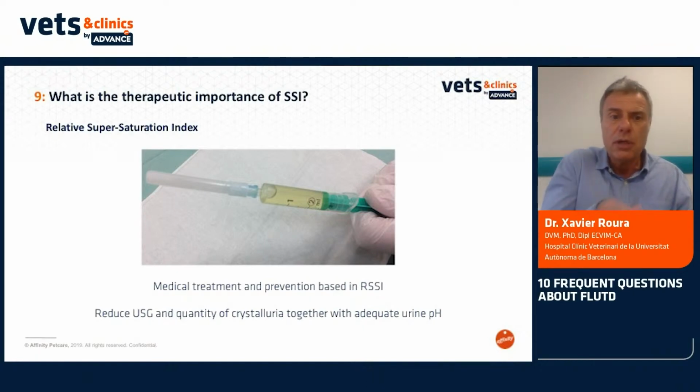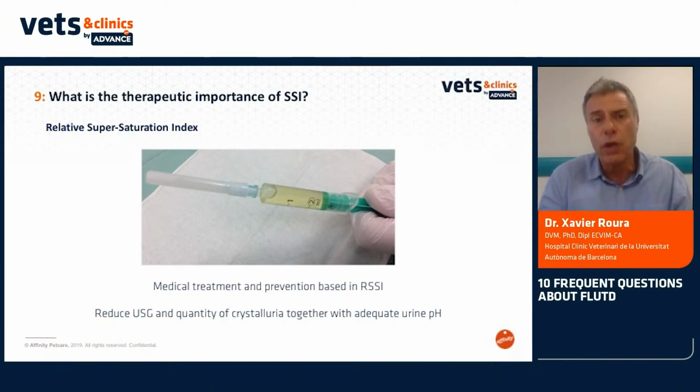Urinary specific gravity and quantity of crystalluria can be reduced adequately for all kinds of uroliths, and we have different options to decrease them.